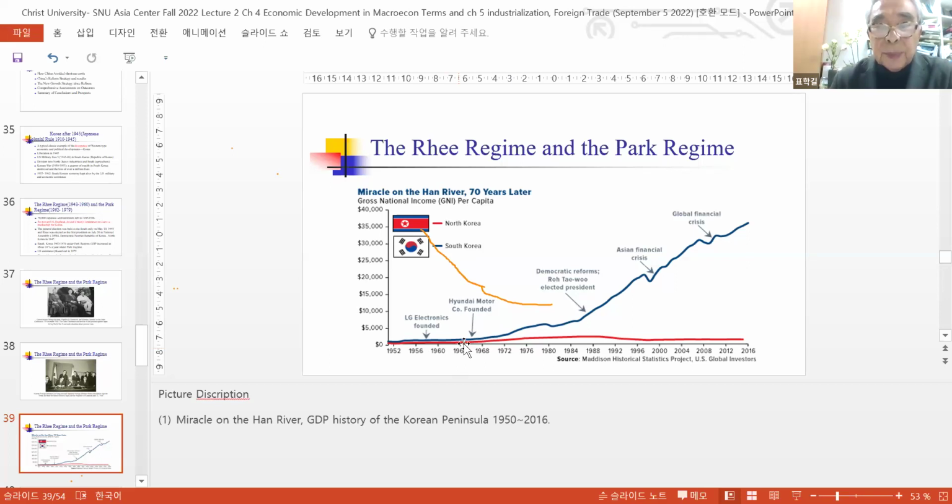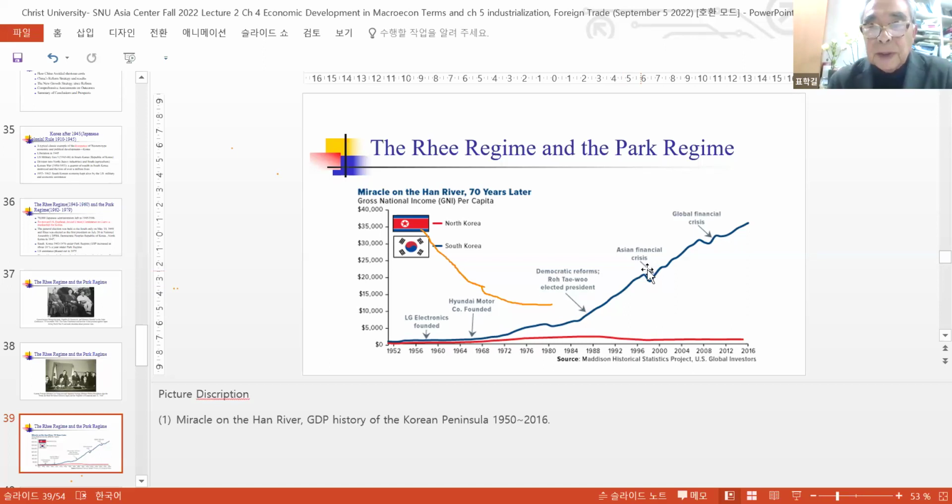And for example, Hyundai Motor Company founded, and democratic reforms, Roh Tae-woo elected president. This is the period so-called quasi-authoritarian regime, South Korea becoming less dictatorship-oriented country, more sort of a democratic society.